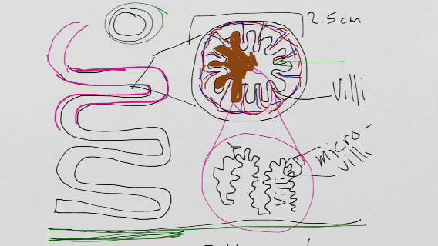Those nutrients are carbohydrates, proteins or amino acids, because the proteins are broken down, fatty acids, and vitamins. Okay, those are the 4 that are mostly absorbed in the actual small intestine.